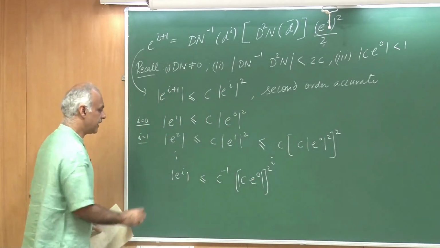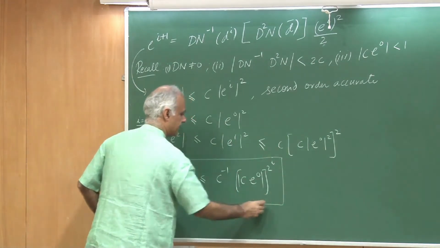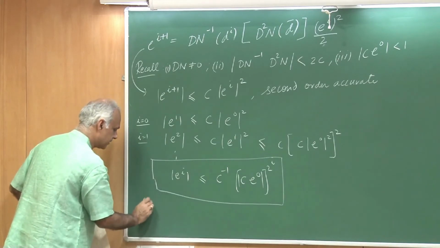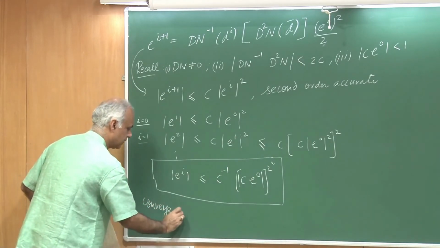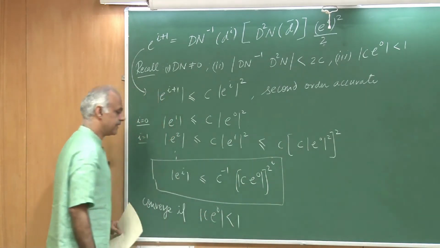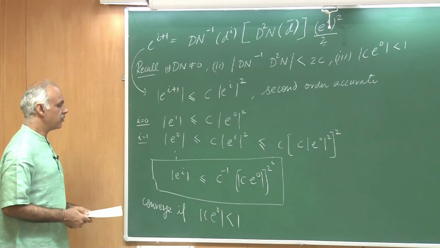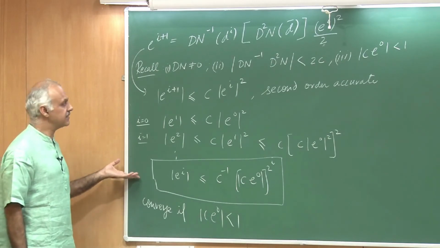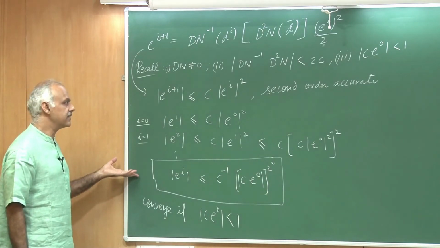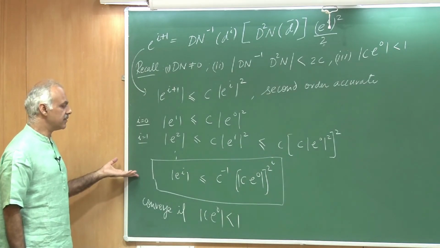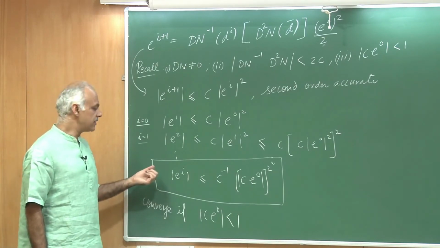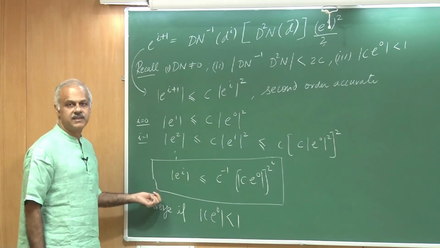Okay, so this is the final expression that I am going to get, and clearly this will converge if C E0 is less than 1. So if you have a sufficiently close guess, then the Newton-Raphson is second order accurate and you can get the converged solution. So one of the tricks in using this method is that you must start with a good guess.